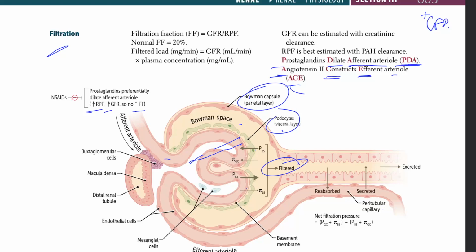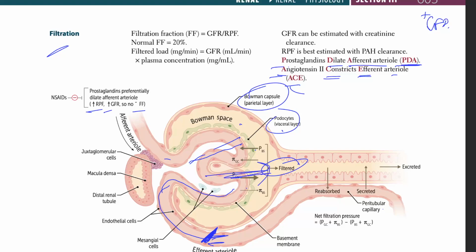Let's look at the efferent side now. Angiotensin constricts the efferents. What is going to happen when you constrict this? You are going to increase the GFR, because when you constrict it, the blood remains back, so more and more gets filtered.